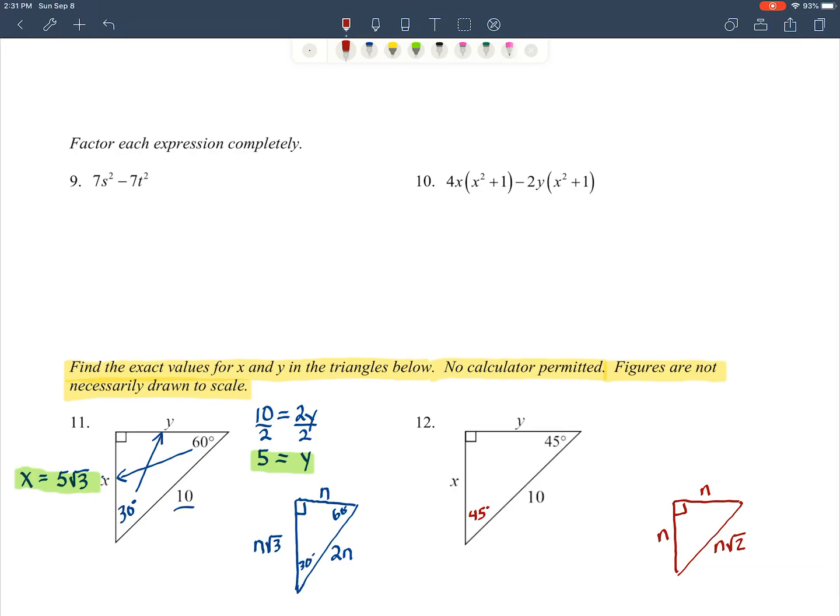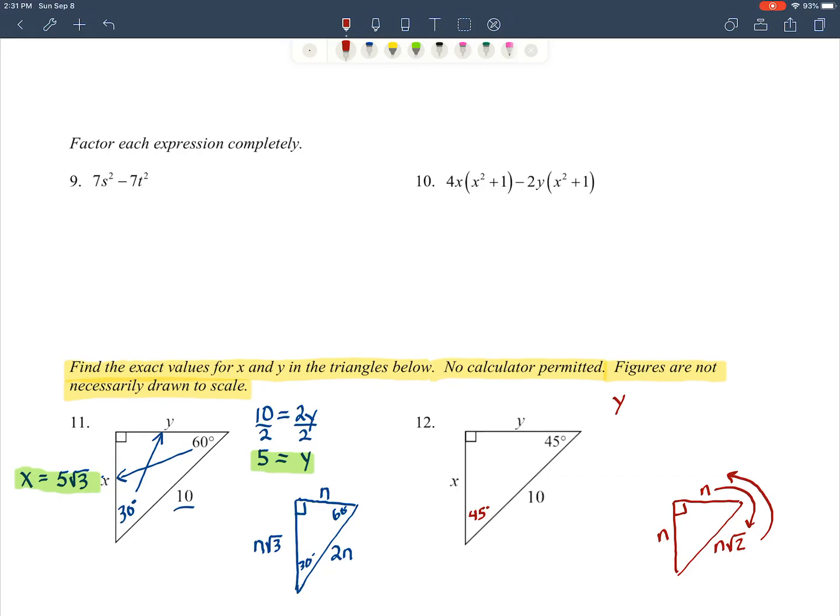So if you're going to multiply n times radical 2 to get our hypotenuse length, then we're going to have to go the opposite way to get back to the legs. So we're going to divide our 10 by radical 2 to get the length of one of our legs.